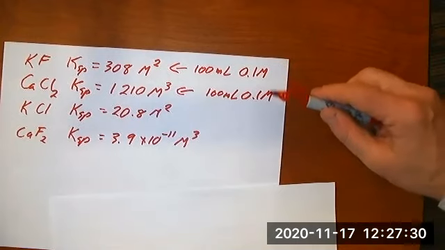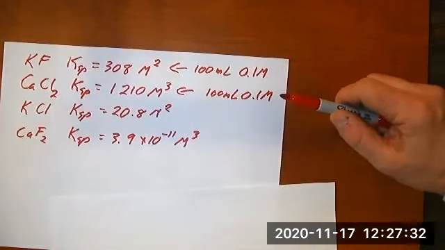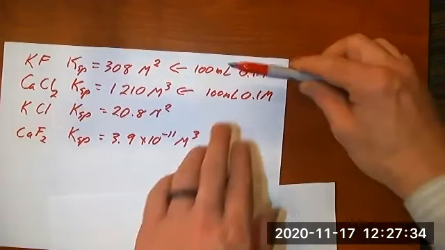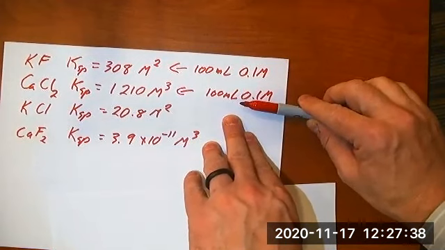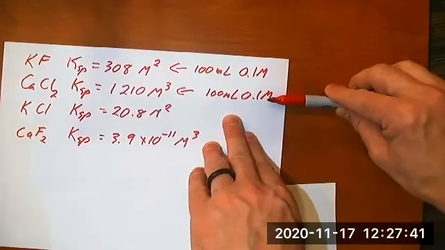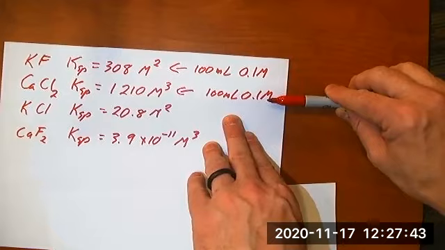In this particular case, it's going to be relatively easy because if we take 100 mils of this and 100 mils of this, it's the same volume, so we're basically going to cut each of these concentrations in half. Okay?